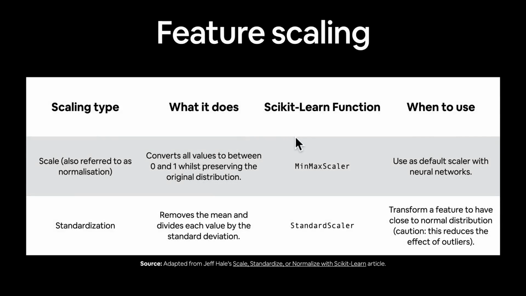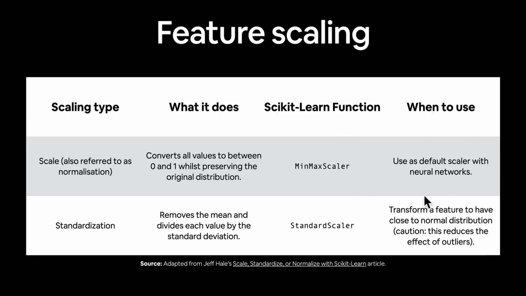So we come back here. Now, if we wanted to do this, we can do it with scikit-learn using the min-max scaler. And when should we use it? This is often used as the default scaler with neural networks, and it's the one we're going to get hands-on with. Another very common scaling type is standardization. What it does is it removes the mean and divides each value by the standard deviation. You can use the standard scaler scikit-learn function.